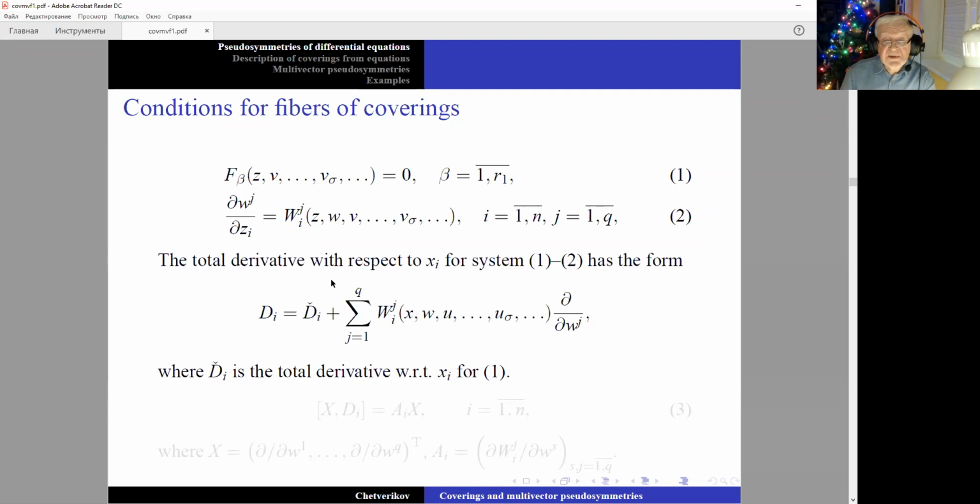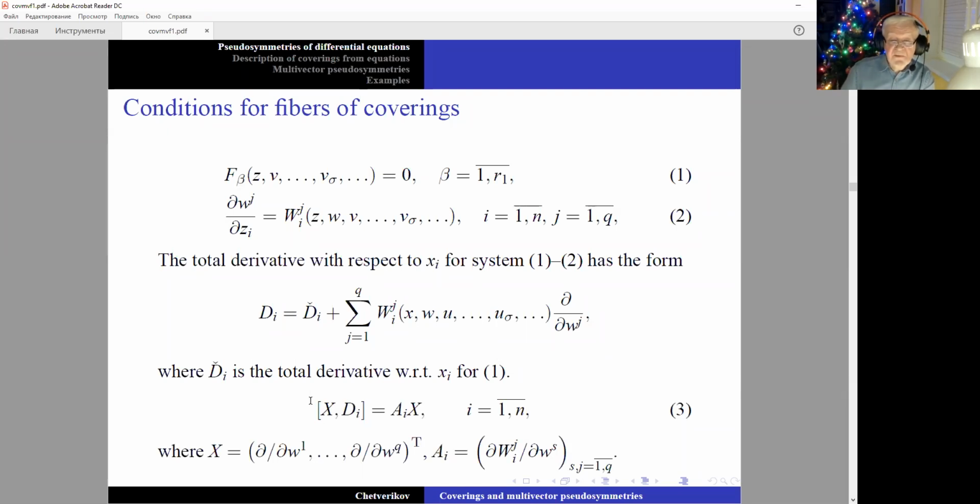The total derivative with respect to x_i for systems 1 and 2 has the form where the first part is independent of W. Hence, we have these relations, where X is the column of partial derivatives.